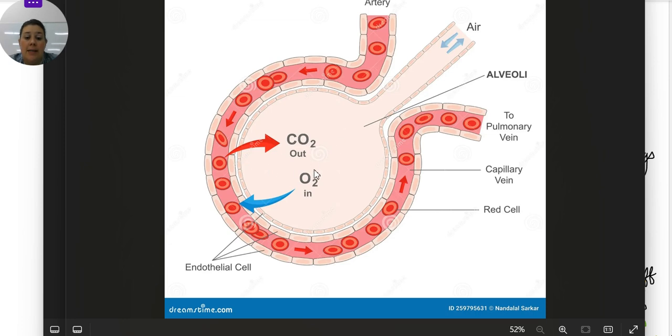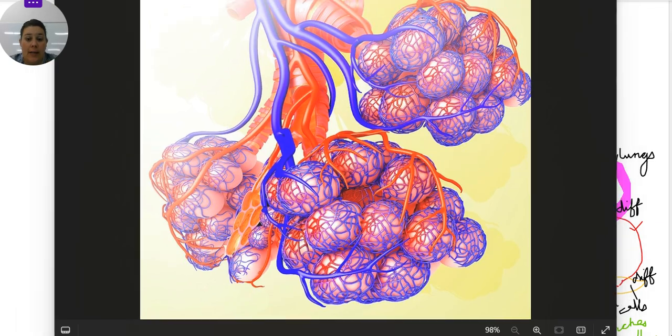This O2 in, CO2 out, that process is gaseous exchange. The whole point of it is to get oxygen into the blood and CO2 out of the blood. The CO2 is poisonous, we need to get it out, so we breathe it out. That whole process is called gaseous exchange. You need to know that definition.